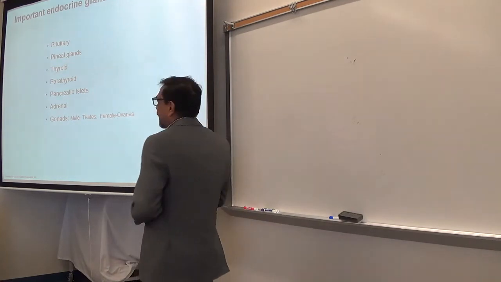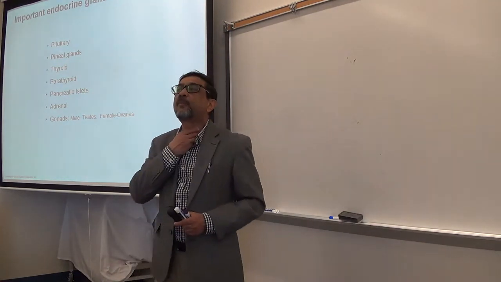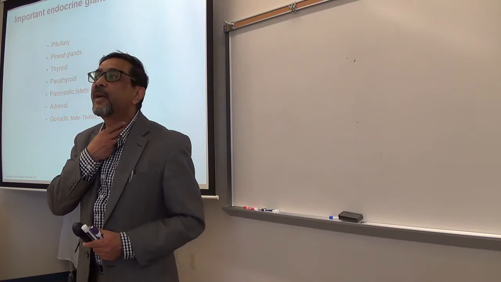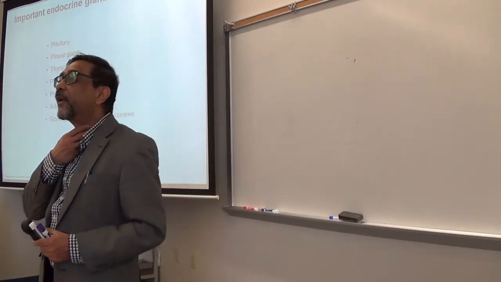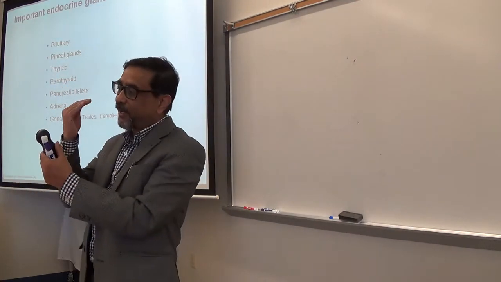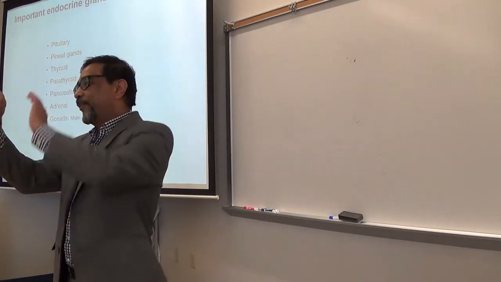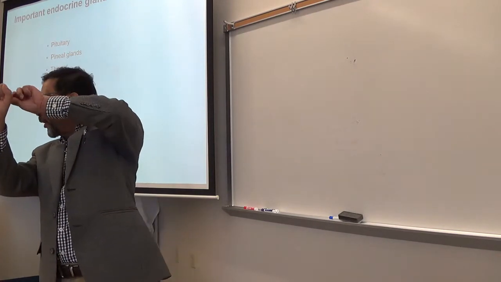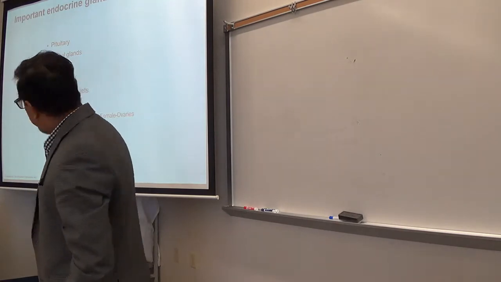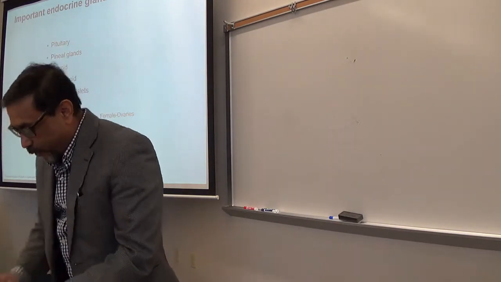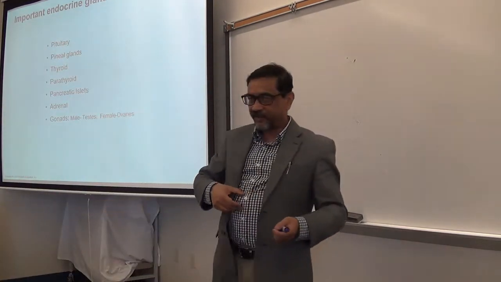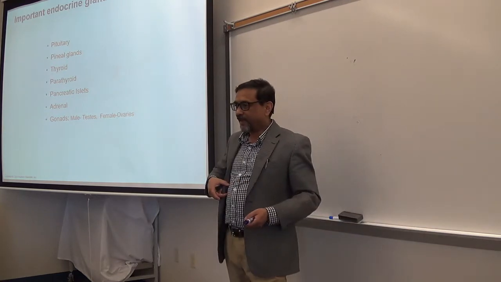Then if you go further down, in front of the lower part of the neck here, you have which gland? Thyroid. Thyroid here, okay? And behind the thyroid, you have tiny parathyroid glands, okay? Then, if you go further down, you have the pancreas here, like this.